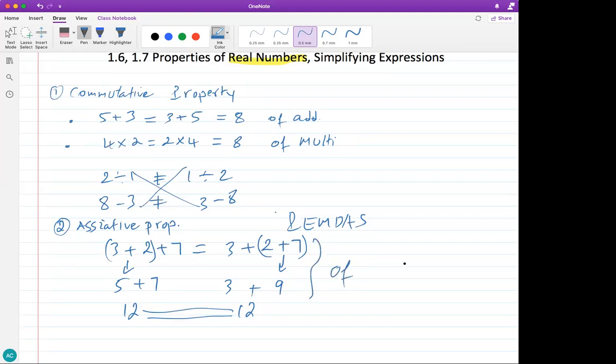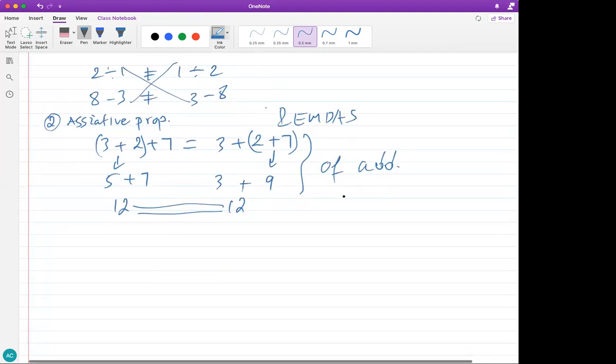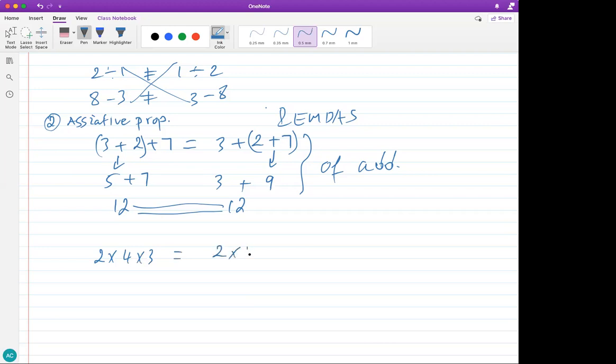This one is of addition. Okay, that also applies to multiplication. It does not apply to division and subtraction. So let's see an example of multiplication. Let's say you want to multiply 2 by 4 by 3. You can do it in two different ways and still get the same result.